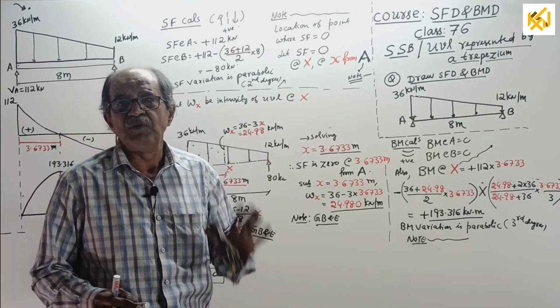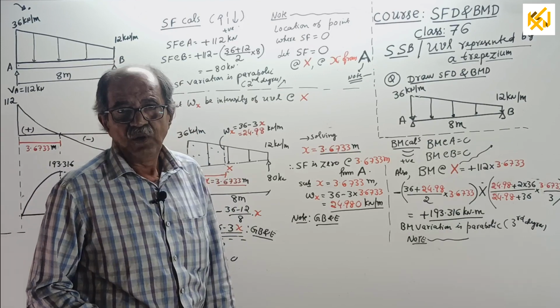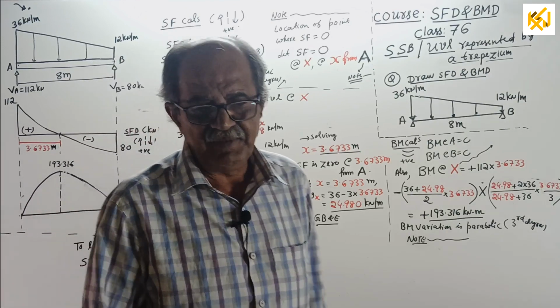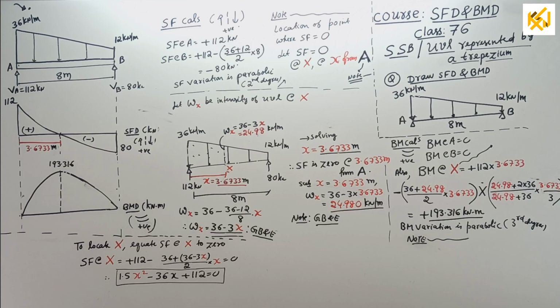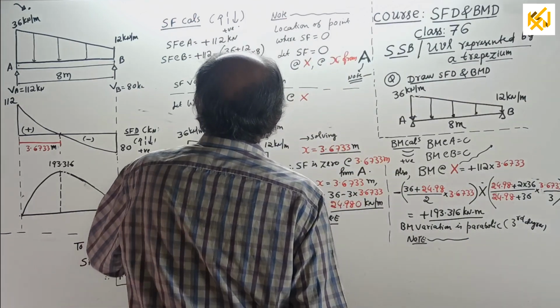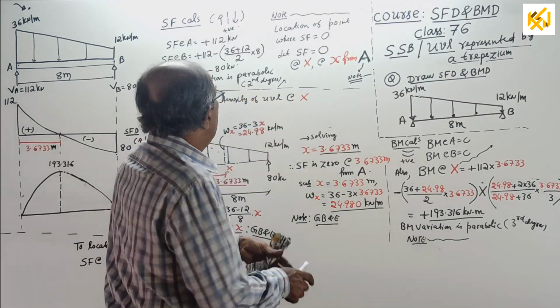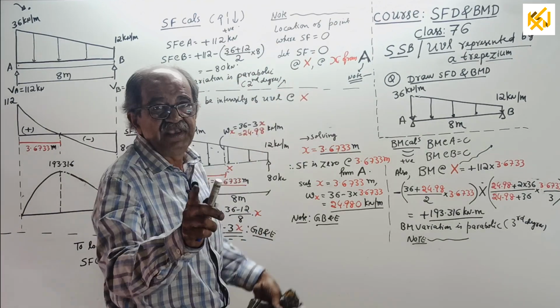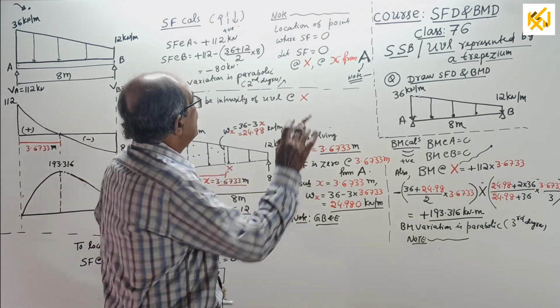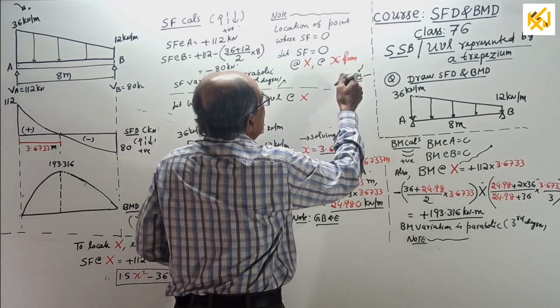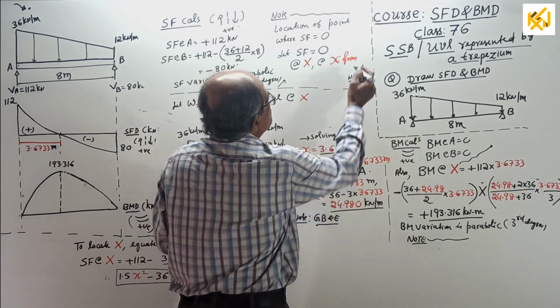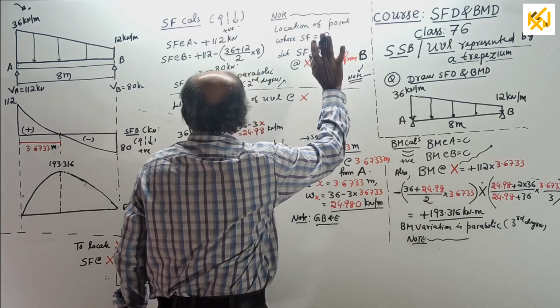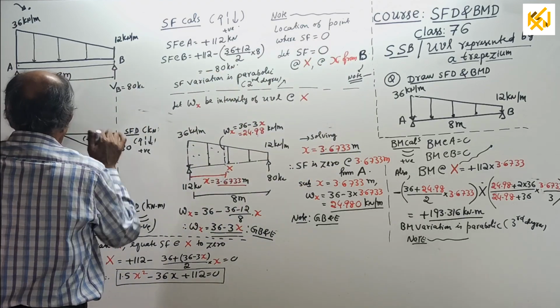Just one very important piece of information. Now, just observe here. I told you that you can take x from A. Suppose you take x from B. See what happens now, just for understanding purposes. I guarantee the same answer will come.